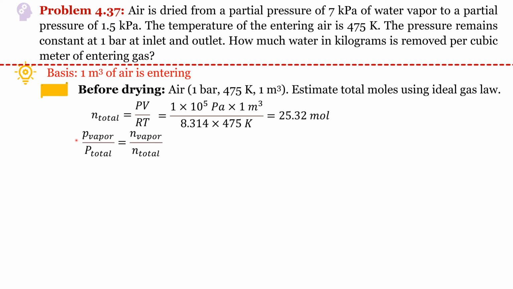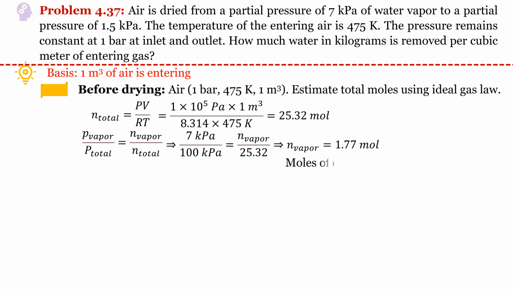Now total moles we have already estimated, and these are the moles of water vapor, so we can easily estimate the moles of dry air. Moles of dry air will be equal to total moles minus moles of water vapor. So moles of dry air will become equal to 23.55 mole.